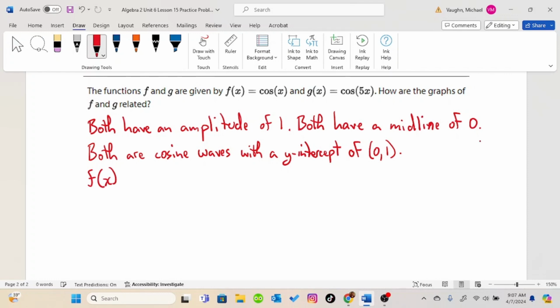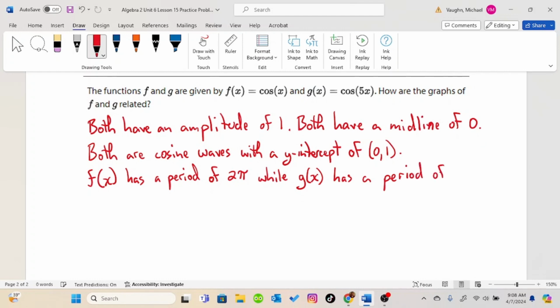F of x has a period of 2 pi, while g of x has a period of 2/5 pi.